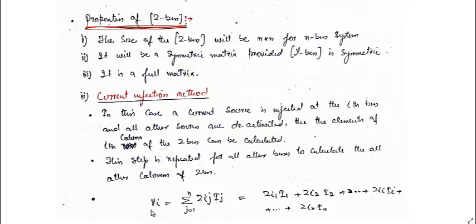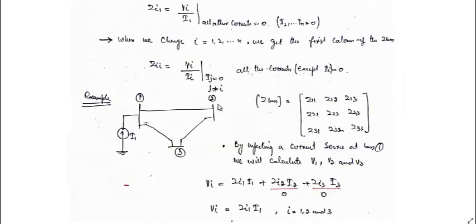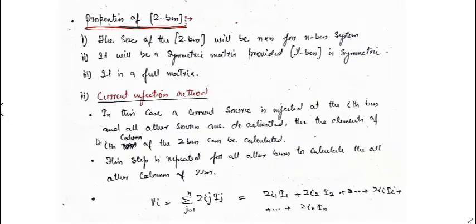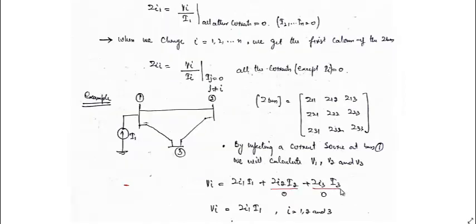We know this equation, I have written it again. Vi is equal to summation j equal to 1 to n Zij Ij, and it is equal to Zi1 I1 plus Zi2 I2 plus dash, that is when j is equal to i, plus dash up to plus Zin In. Now when all other currents are zero, let us say only the I1 current, we inject a current at bus 1, and the injected currents at all other buses are zero. So in that case, Zi1 will be equal to Vi divided by I1.